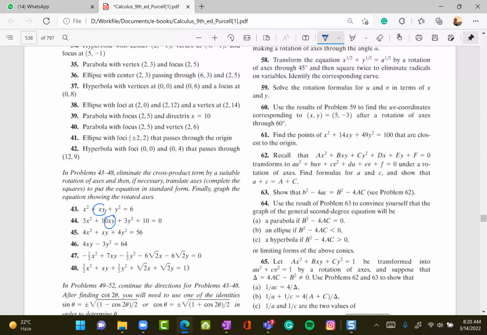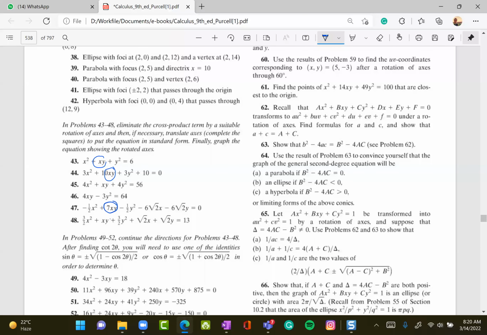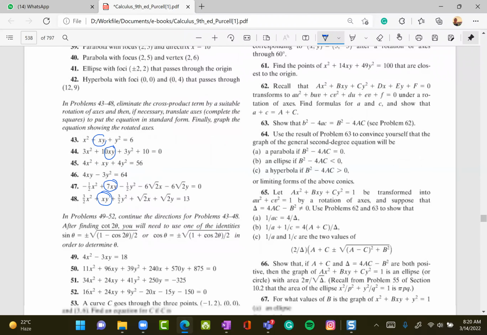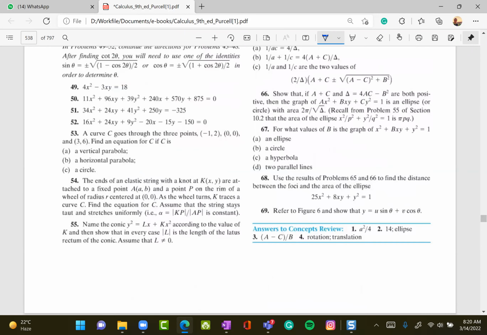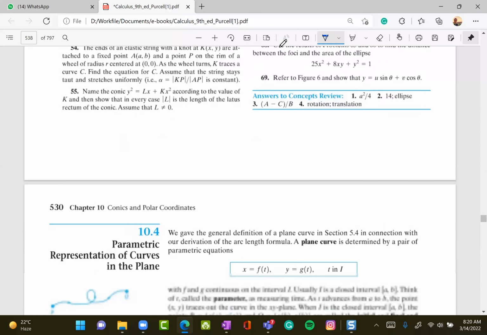Problems 1 to 16 that we attempted have no xy terms. The xy terms mean you have rotations, but we'll see that later on. At least we don't need this. We only use the translations.